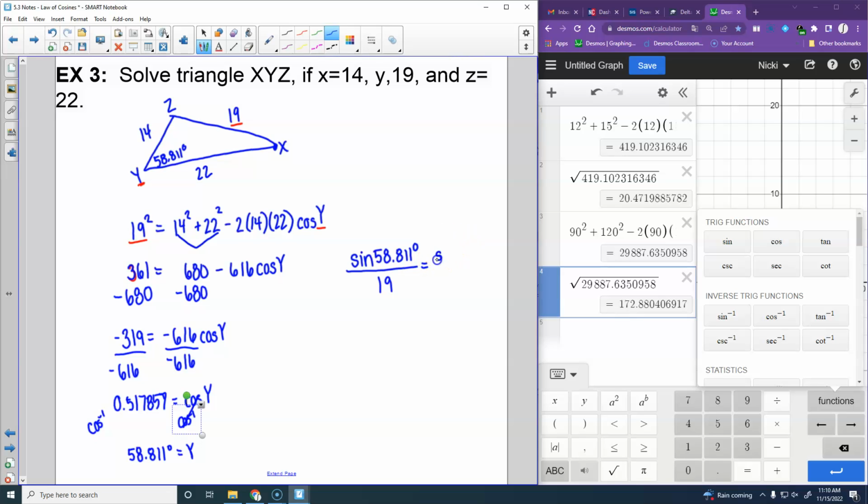I think I'll do x. So sine x over 14. And you will cross multiply. So you'll get 19 sine x equals 14 sine 58.811 degrees. We would divide by 19.